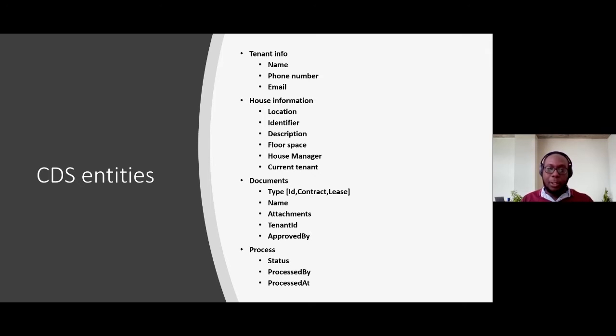Then the attachment to the document, and relations to the tenant and a person who approves it, because documents also need to be approved to say this is actually a legit document because of KYC steps, know your customer. And then we have the process, and we can track the process by the status and who's processing it, and other information that could be there. So this is not exhaustive and just gives you an idea. It is supposed to tease out the idea of what you could have in this case.